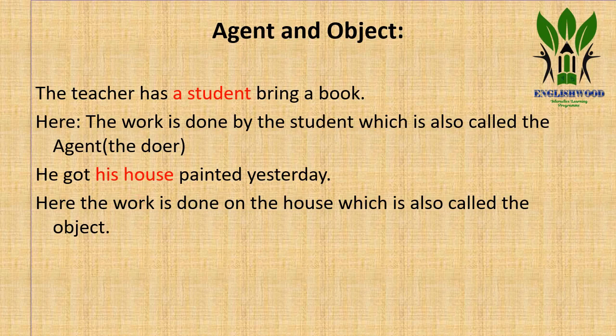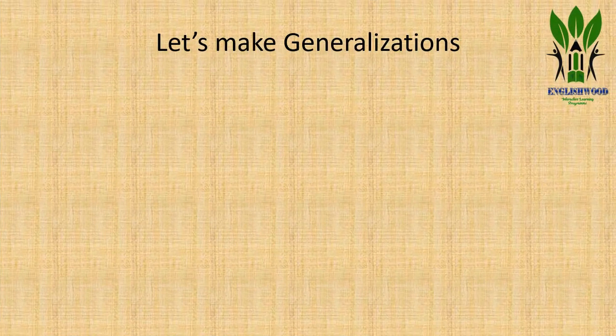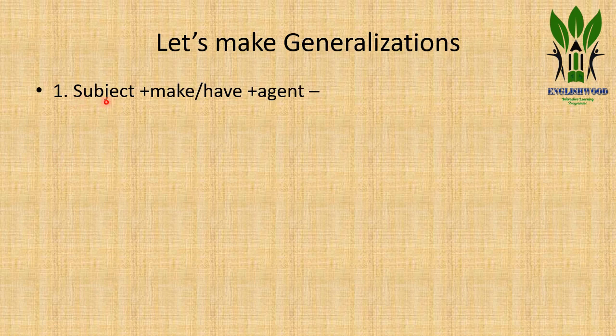Well, let's make some generalizations. This is subject plus make or have plus agent, which will give you the bare infinitive, that is verb 1 only. And to complete the sentence, there is always an object. Look at these examples.